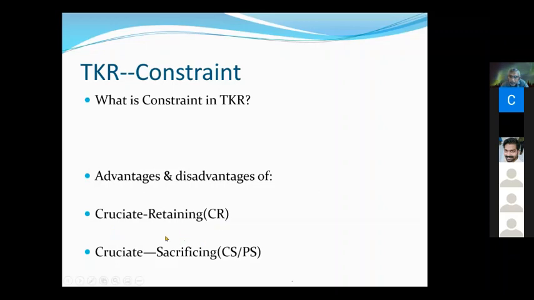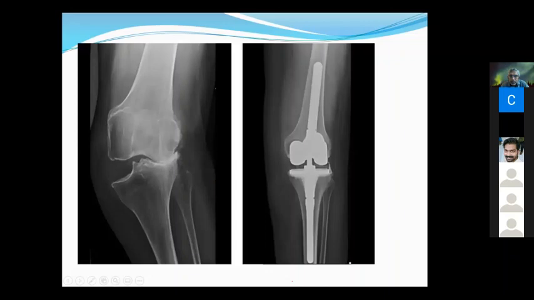PCL. You're preserving the PCL. In the sacrificing, you're taking it off. So what does a fully constrained knee have, which one of these knees doesn't have? See, in a fully constrained knee, let's go back to this.